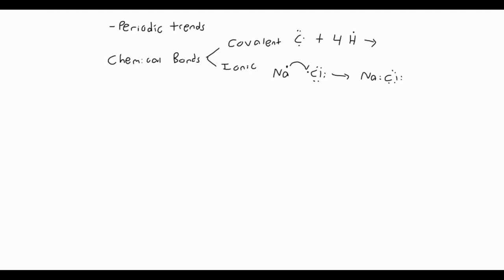So it's very difficult for carbon to either totally give up all 4 of its electrons or accept 4 more electrons to make a stable octet.